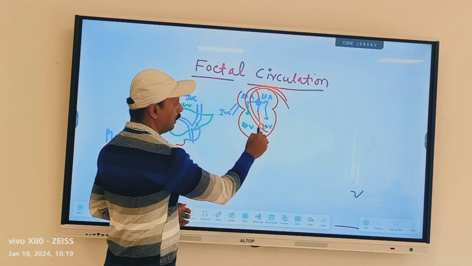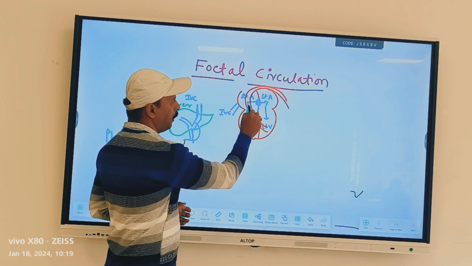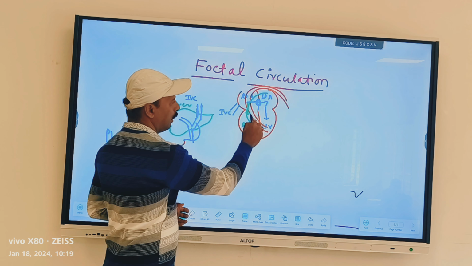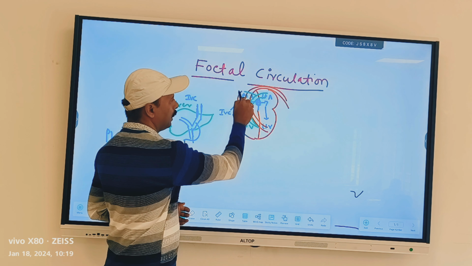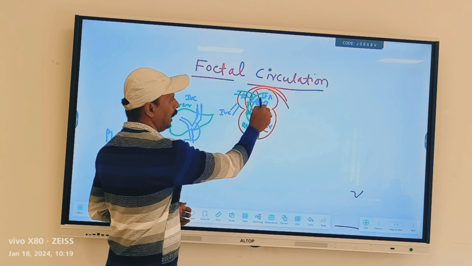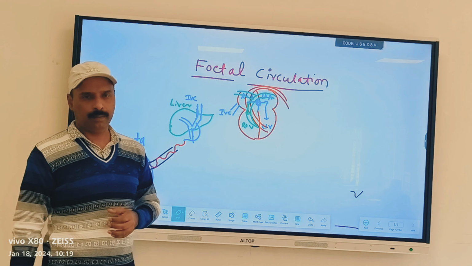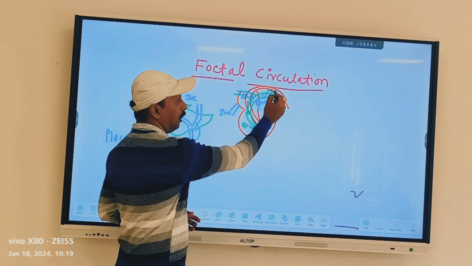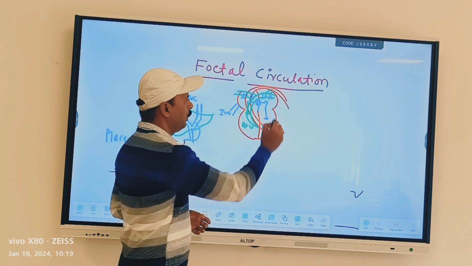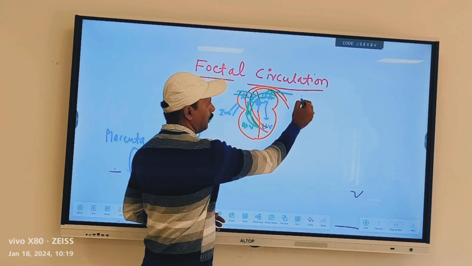From the right ventricle, this is pumped into the pulmonary trunk, which has right and left pulmonary branches. It connects to the aorta, and this we call the ductus arteriosus.